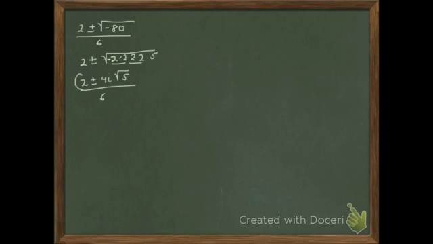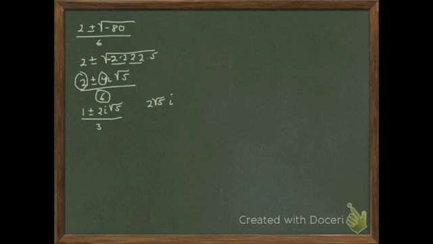Now because this and this and this all divide evenly by 2, we're going to get 1 plus or minus 2i, the square root of 5. I tend to write that actually 2 square root of 5 i. Either one, depends on the book you are trained with.